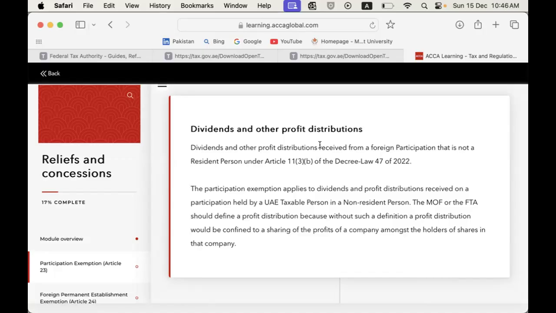You are going to look at a possibility of considering those dividends as exempt income. But so Mujaddid, let me ask you this. That dividend income that you are evaluating for participation exemption, what are the things that you are going to look at? What are the things that you're going to evaluate?